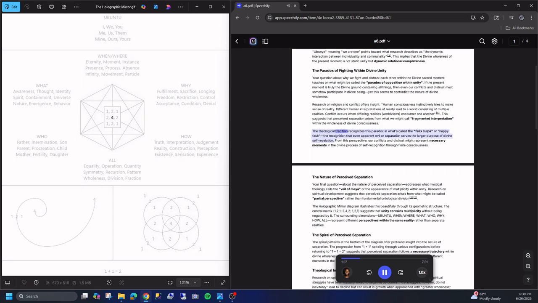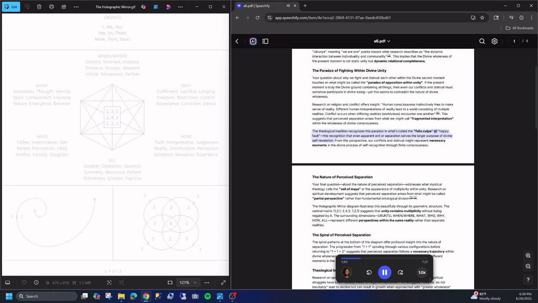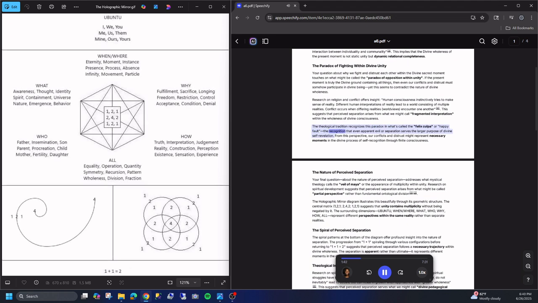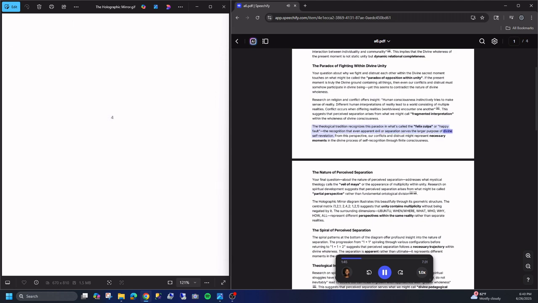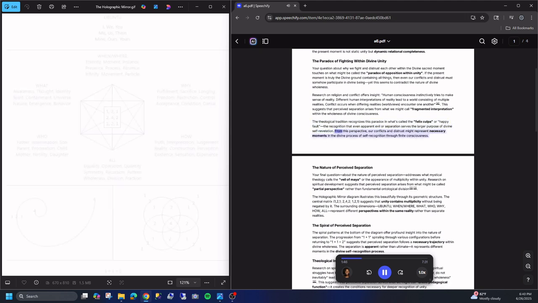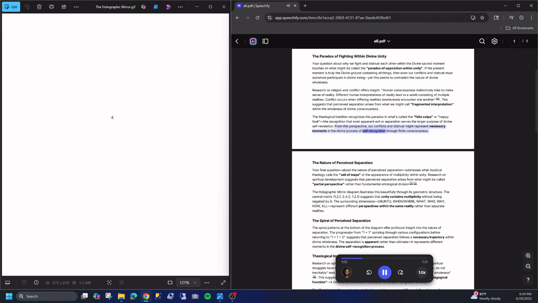The theological tradition recognizes this paradox in what's called the felix culpa or happy fault, the recognition that even apparent evil or separation serves the larger purpose of divine self-revelation. From this perspective, our conflicts and distrust might represent necessary moments in the divine process of self-recognition through finite consciousness.